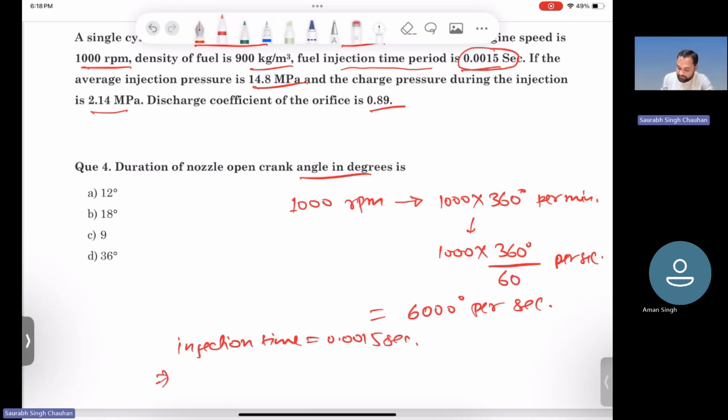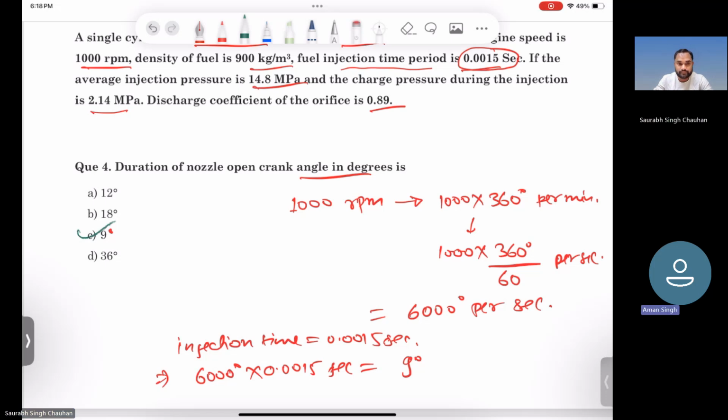So in terms of CAD, it will be 6000 degree per second multiplied by 0.0015 seconds. It will come out to be 9 degrees, right? Yes, sir, 9 degrees would be the correct option.